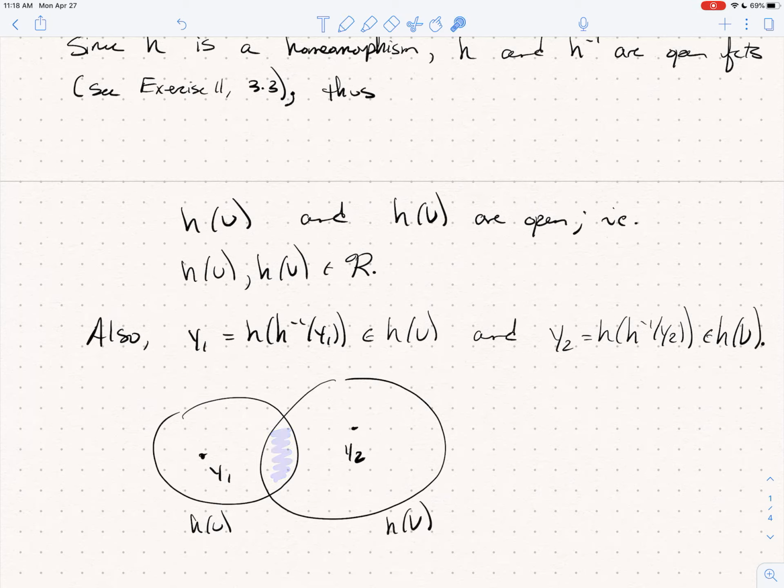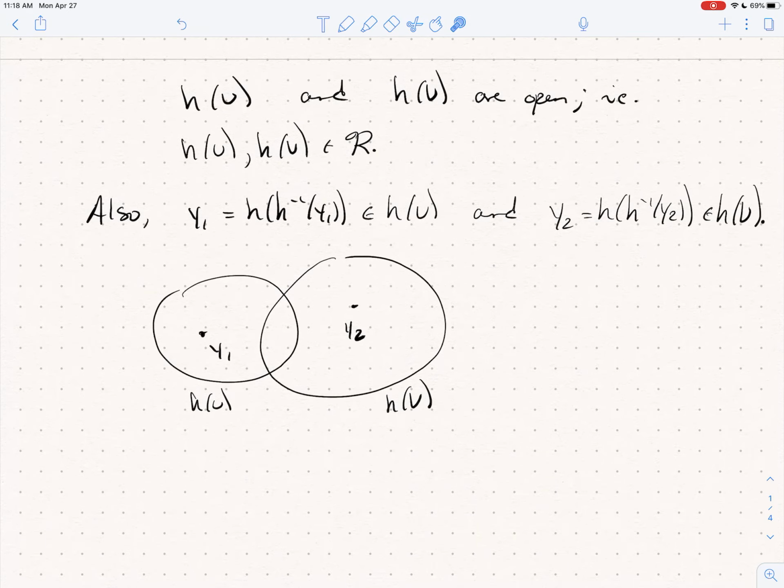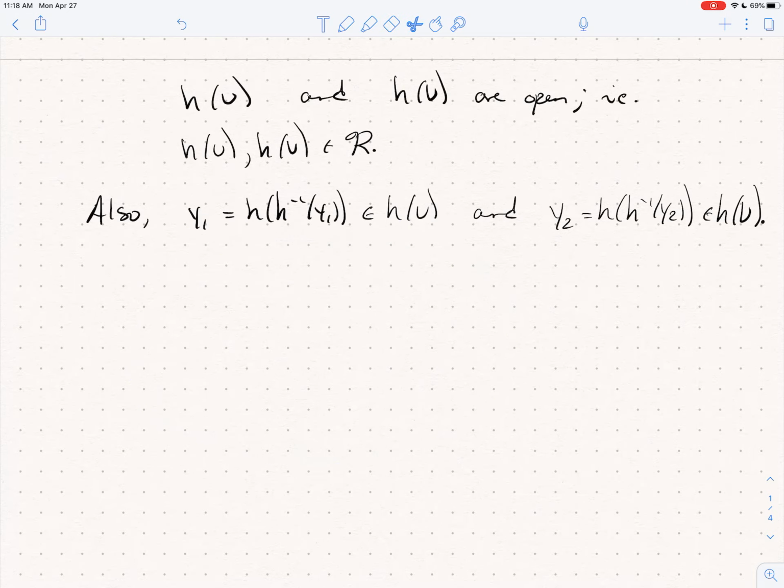Now we need to show that there is no intersection. I went ahead and drew my picture like there was, but the point is we want these to have no intersection. So let's erase the little picture and check that. It remains to show that H of U intersect H of V is actually empty. Let's prove that.